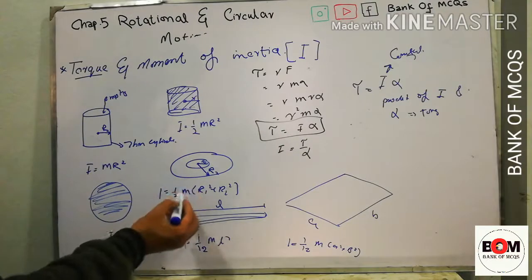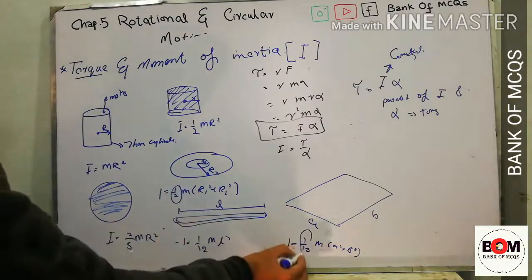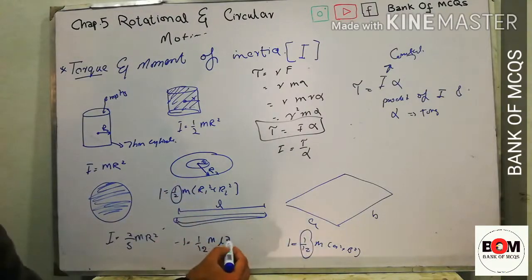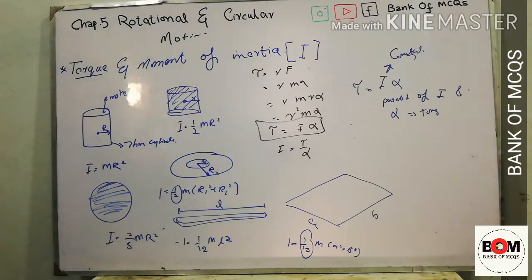So in this case this is 1 by 2 and this is 1 by 12. So remember always these fixed values of moment of inertia.